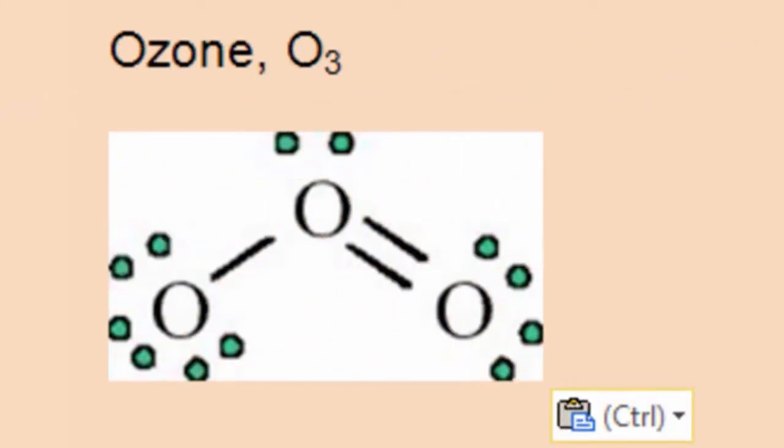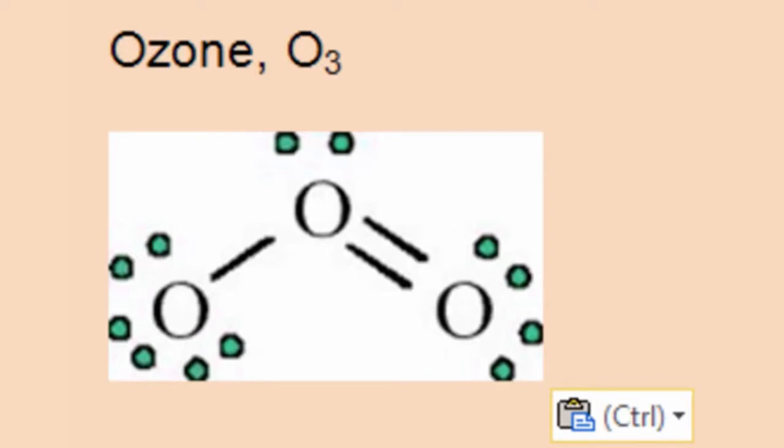Shown here is the Lewis structure for ozone. But if one looks carefully at this Lewis structure, one could see it's possible the double bond between the 2 oxygens on the right could be between the 2 oxygens on the left, if we were able to distinguish among these oxygens isotopically.